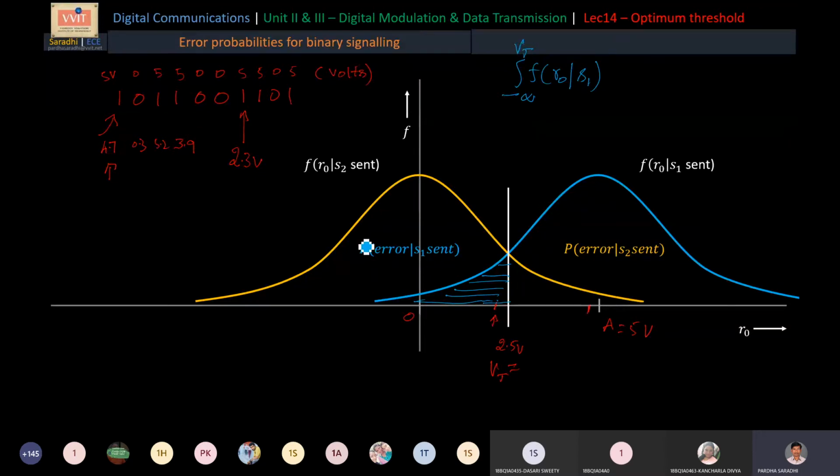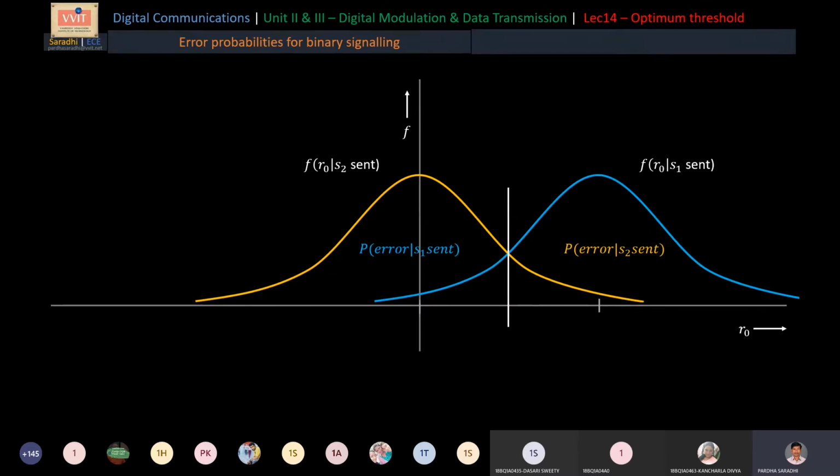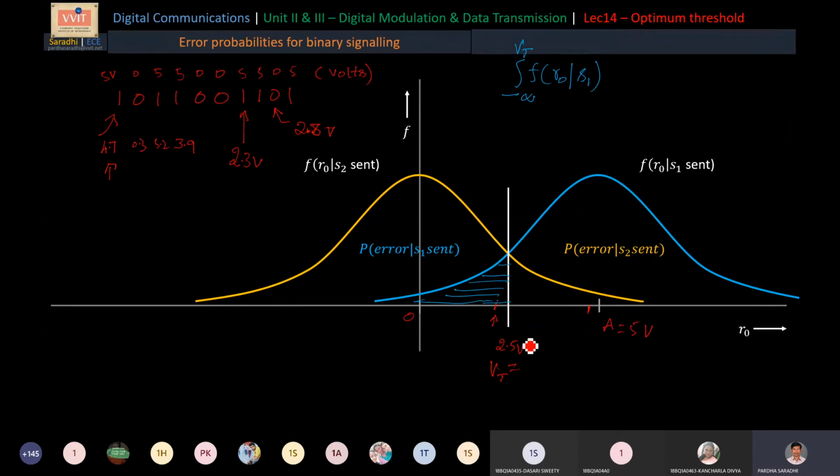This is one aspect. Another aspect is that suppose we are having a bit 0, and because of heavy noise, suppose the receiver is looking at a voltage value equal to, suppose, 2.7 or 2.8 volts. Where is 2.8 volts? Here we have 2.8 volts.